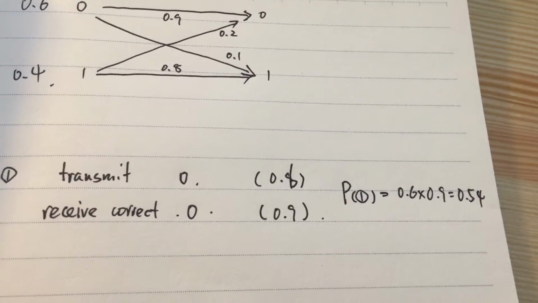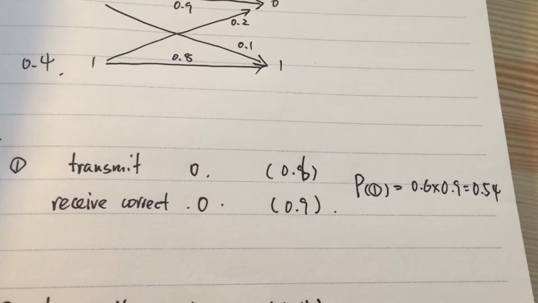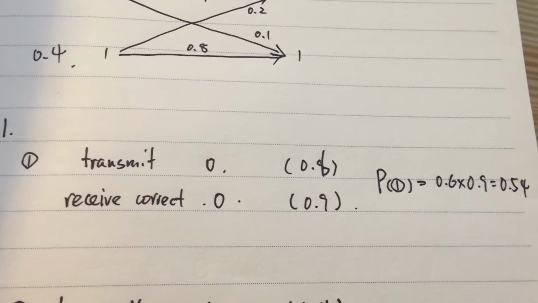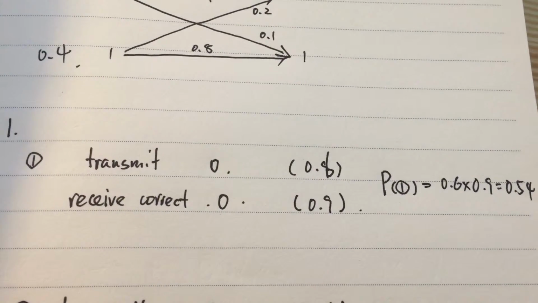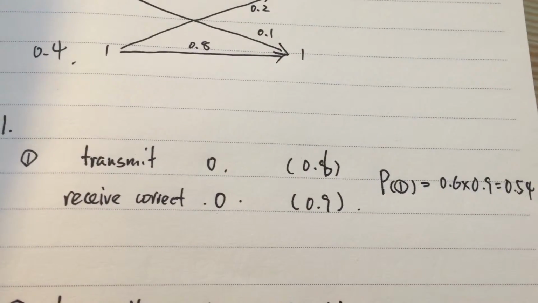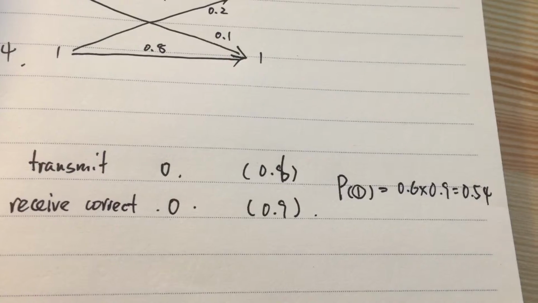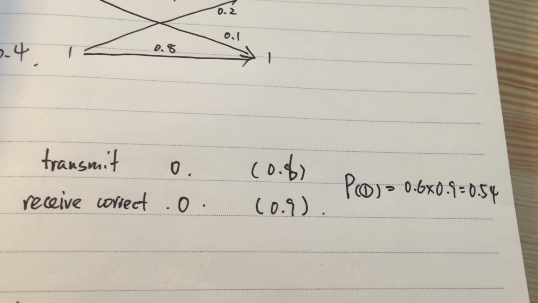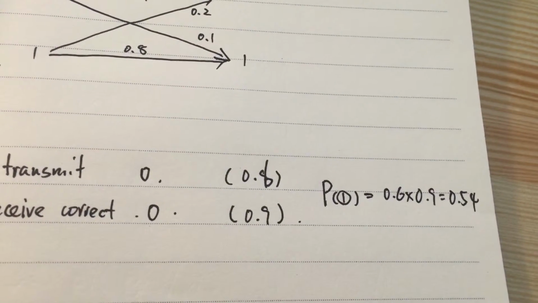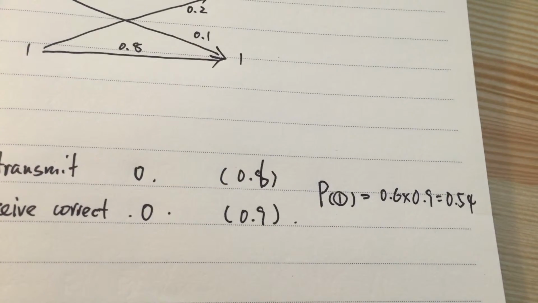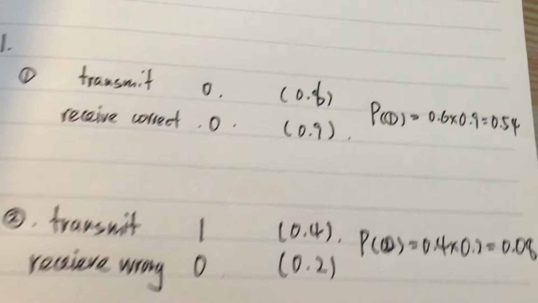In the first way, we can see the probability that we want to transmit 0 is 0.6, and the probability that we receive correctly is 0.9. So we can easily find out that the probability of the first way is 0.6 multiplied by 0.9, and the solution is 0.54.